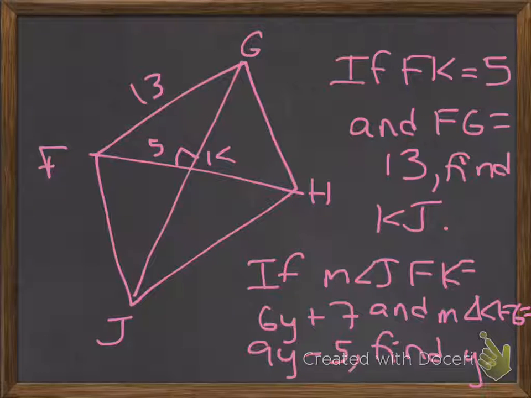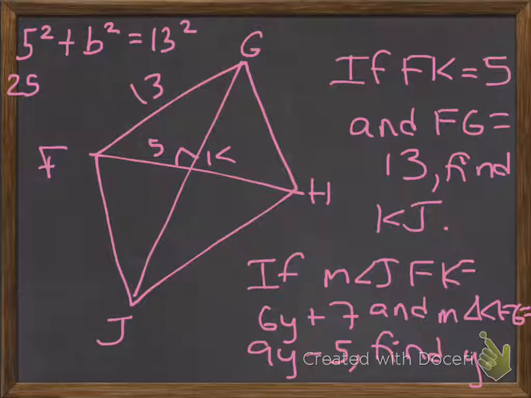And GK is going to be the same as JK, since we have diagonals bisecting each other. So we have a leg, 5 squared, plus we don't know, and then the hypotenuse, 13 squared.